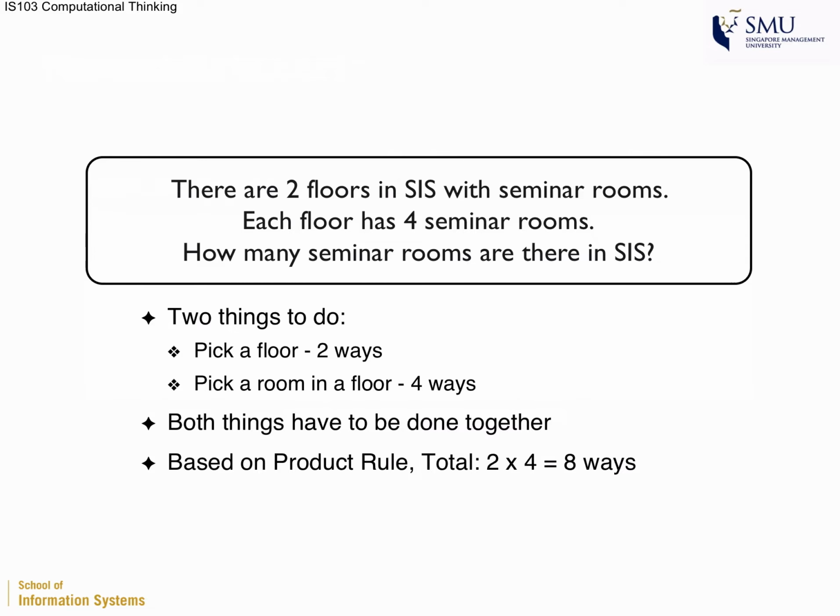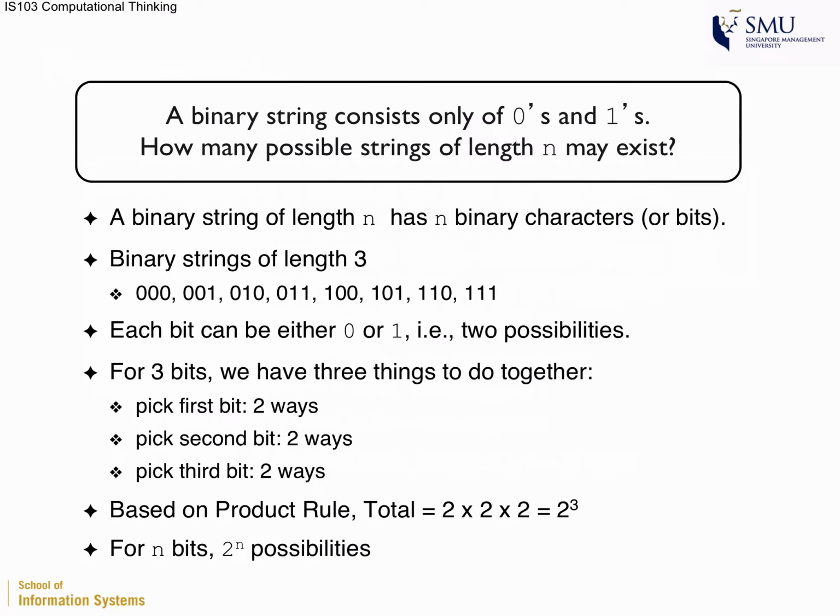Now, for another example, we are going to be looking at a binary string. A binary string essentially is a string of numbers, but the numbers can only be 0 or 1. So 0, 0, 0 is a binary string, for example. Now, we are looking at binary strings of a fixed length n.